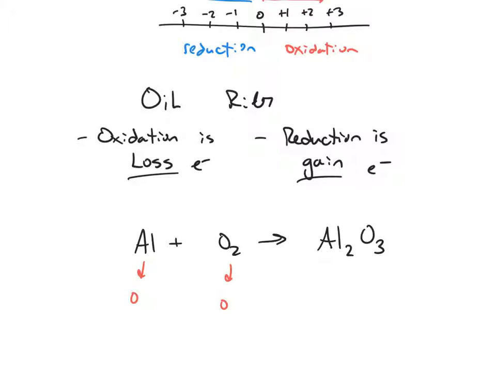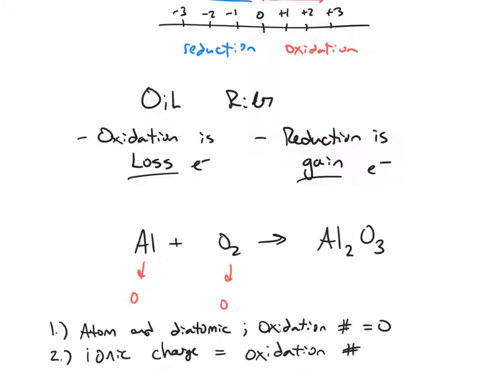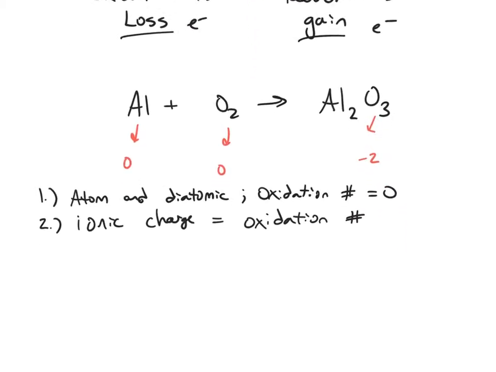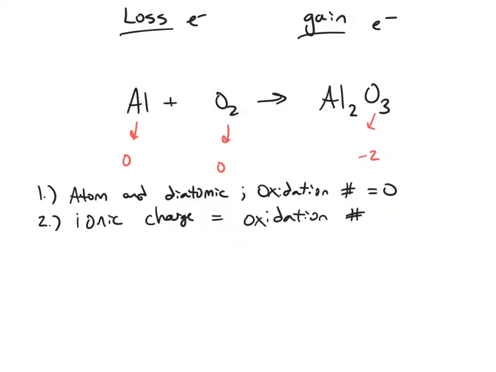There are some rules in assigning oxidation numbers. First of all, anything that is charged, its oxidation number equals its charge. So for my two examples of oxidation and reduction of aluminum and oxygen, if you look at the oxygen, we know that its charge is -2 here, so its oxidation state is also -2. And that means that if oxygen is -2, in order for the charges or the oxidation numbers to balance, because that's another rule, that for all neutral molecules, the oxidation numbers add up to equal 0.